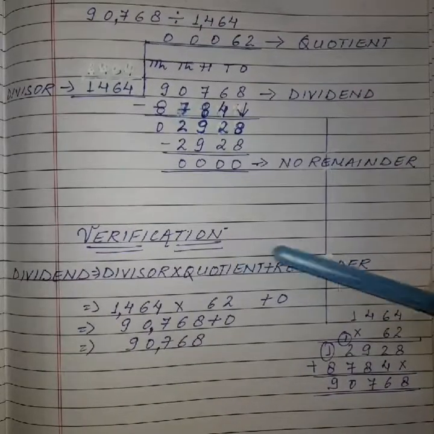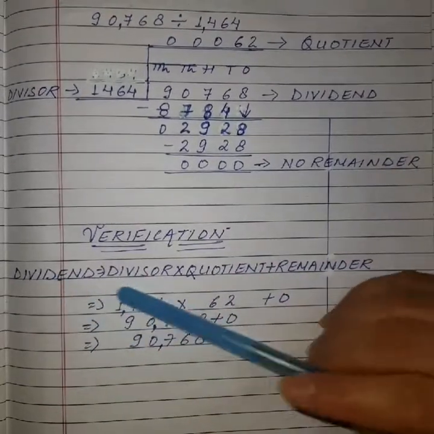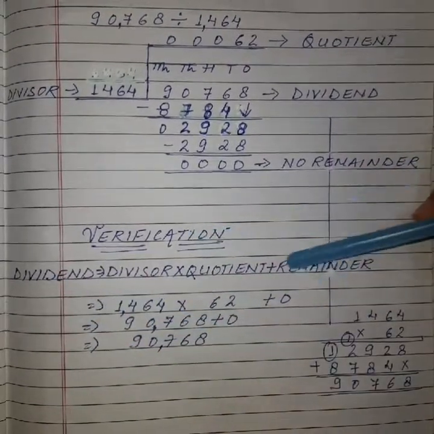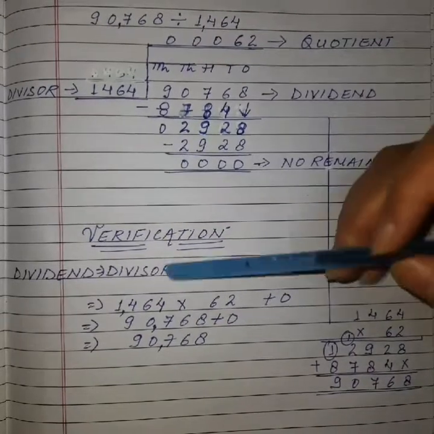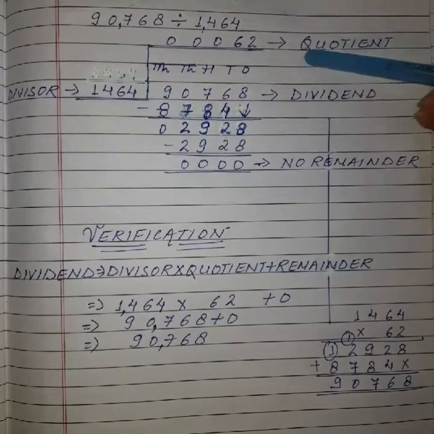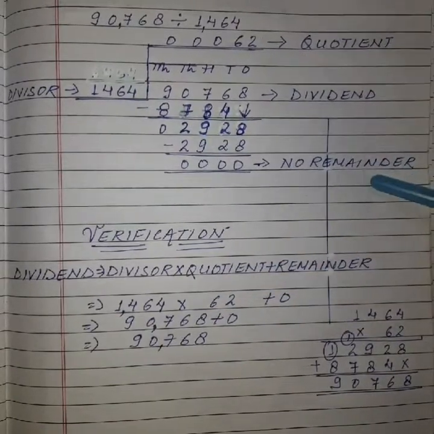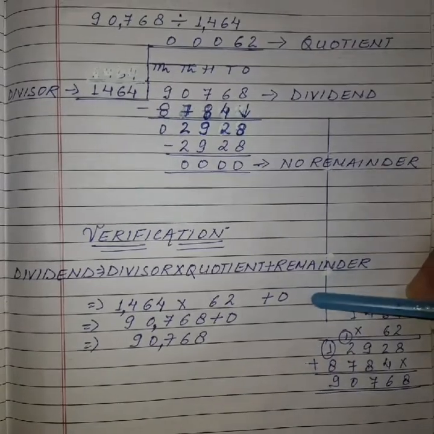Now we'll verify this answer of ours. Same formula: dividend is equal to divisor into quotient plus remainder. Our divisor was 1464. Quotient we have got 62. As you see, no remainder, or we can say 0 remainder.